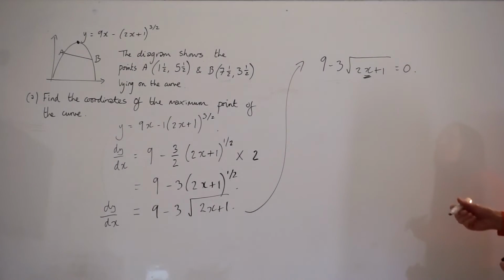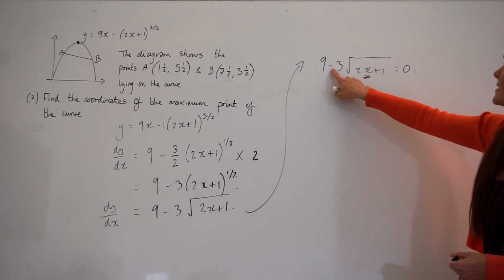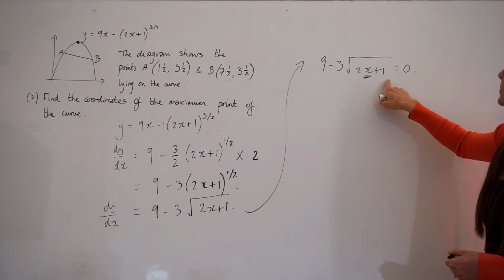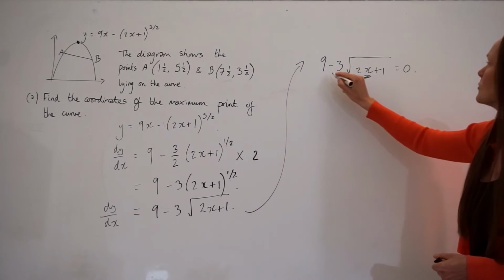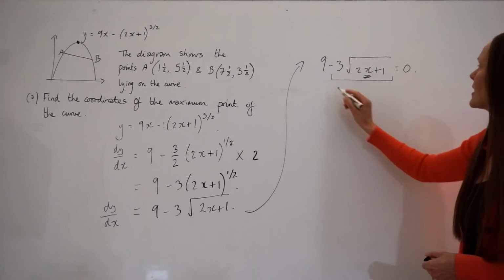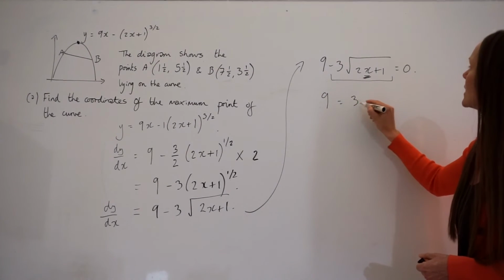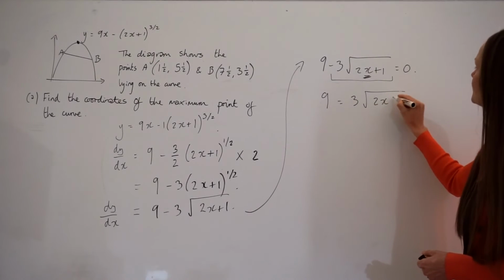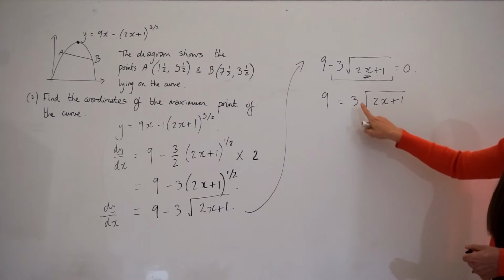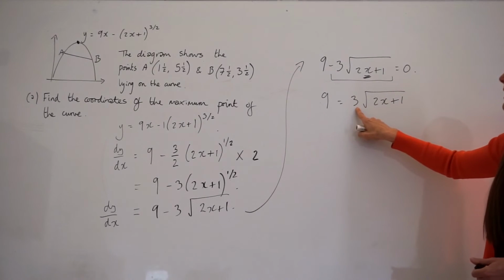So I'm going to start by adding 3 root 2x plus 1 to both sides of the equation. So I'm just moving this part over to the right hand side. So I have 9 is equal to positive 3 root 2x plus 1. Next, I'm going to divide everything in this equation by 3.